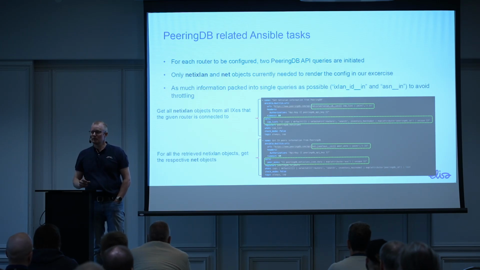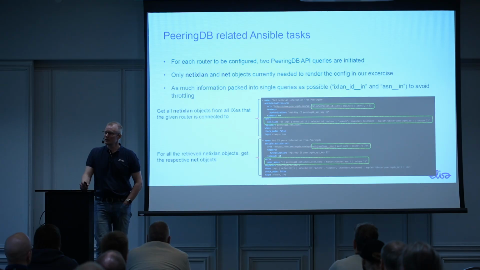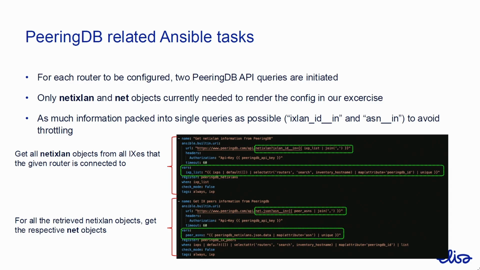And about the Ansible playbook, it works in a way that whenever we run the playbook against a single router or potentially against multiple routers at a time, per router we initiate PeeringDB API queries. For each single router we first determine the list of all IXPs that the given router is connected to.